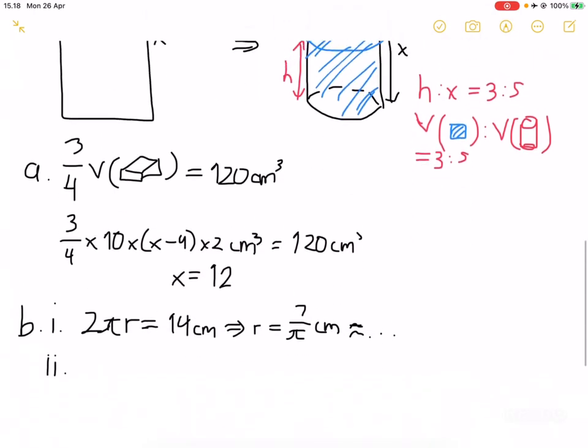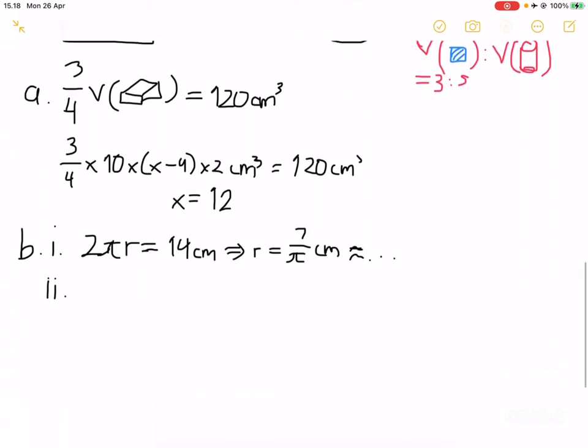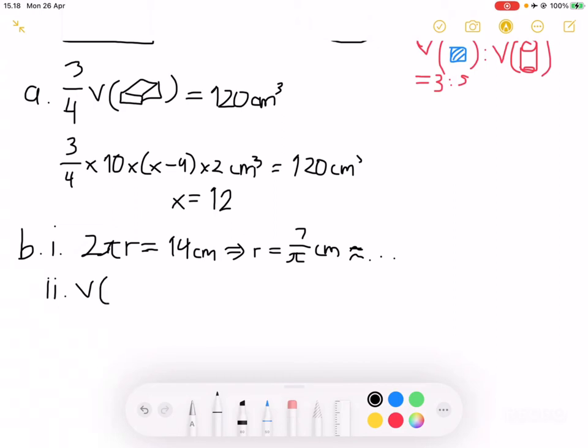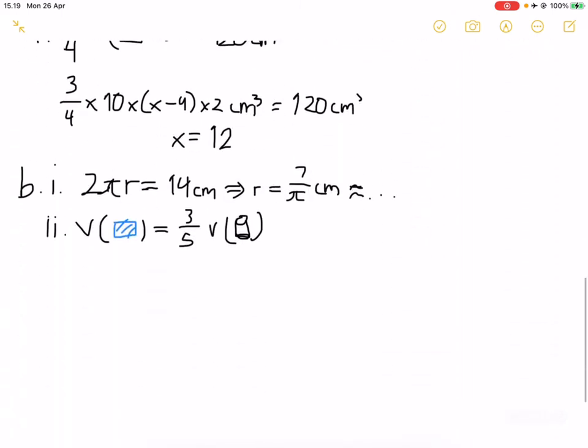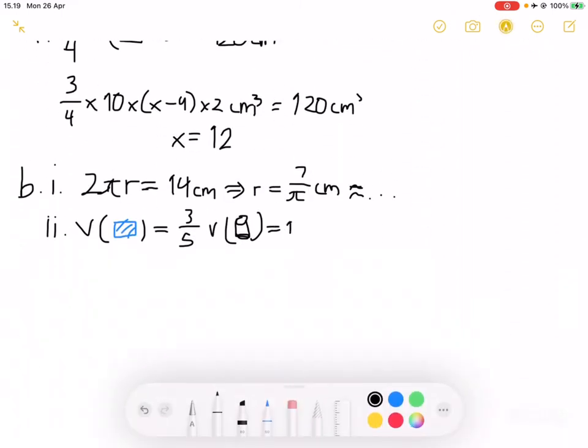So with this, we can see that the volume of the water is exactly 3/5 of the volume of the cylinder. And we know that the volume of the water, given in the question, is 120 centimeters cubed.